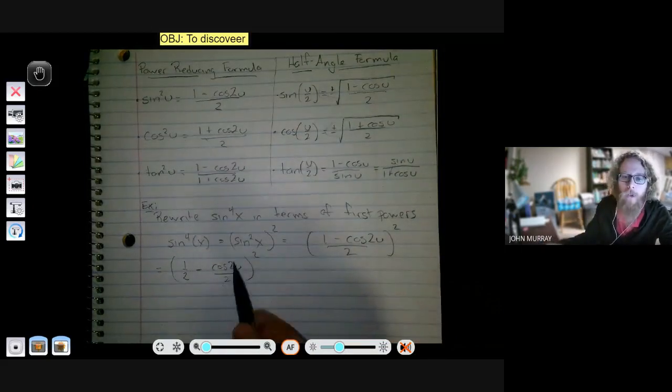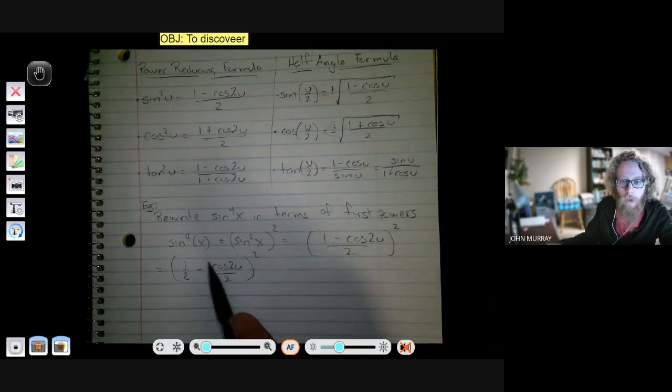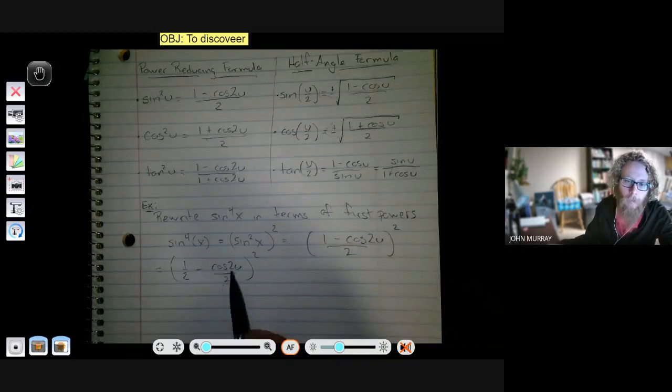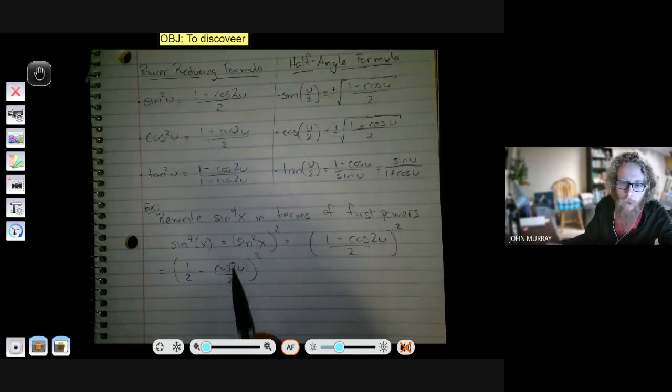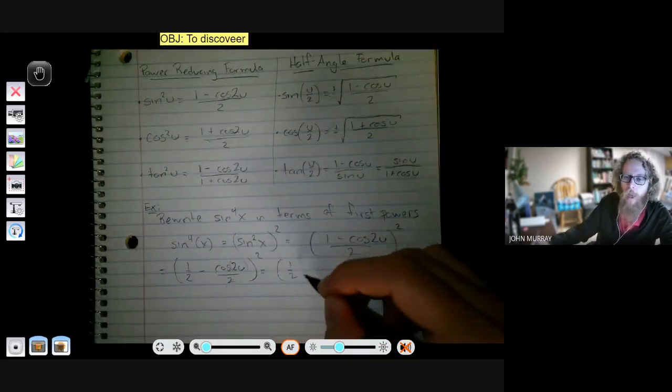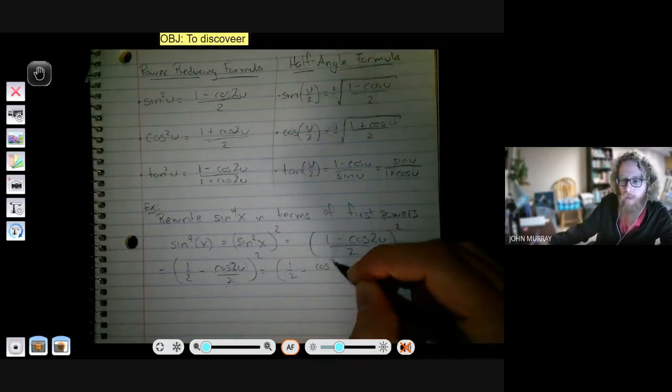You cannot eliminate those 2's. If there's a 2 on the outside, then you can factor them out and that gives you 1. But this 2 is tied up with the cosine. So we'd have to get rid of the cosine first before we can get rid of the 2. So it's a pain, but we're going to have to FOIL.